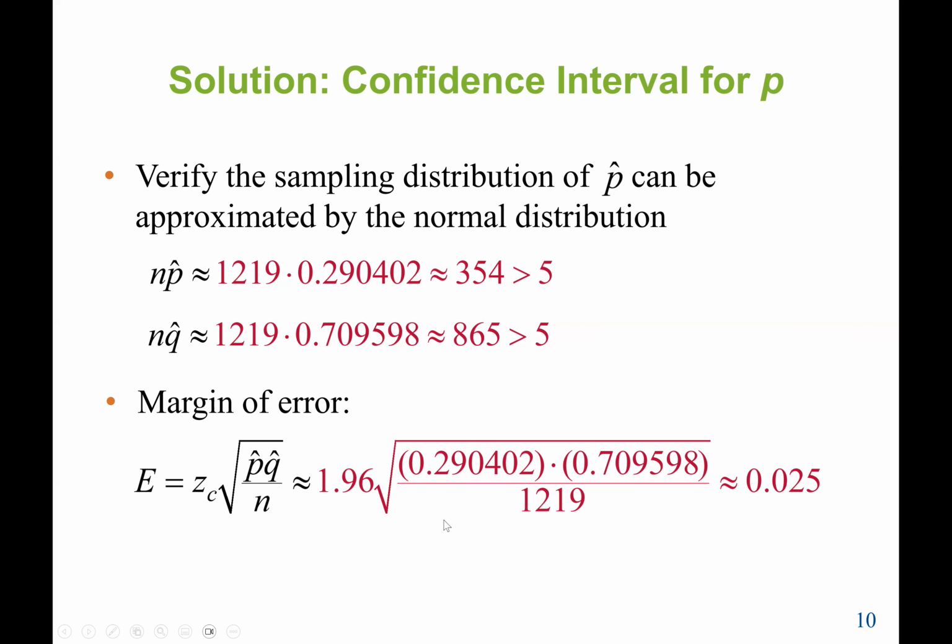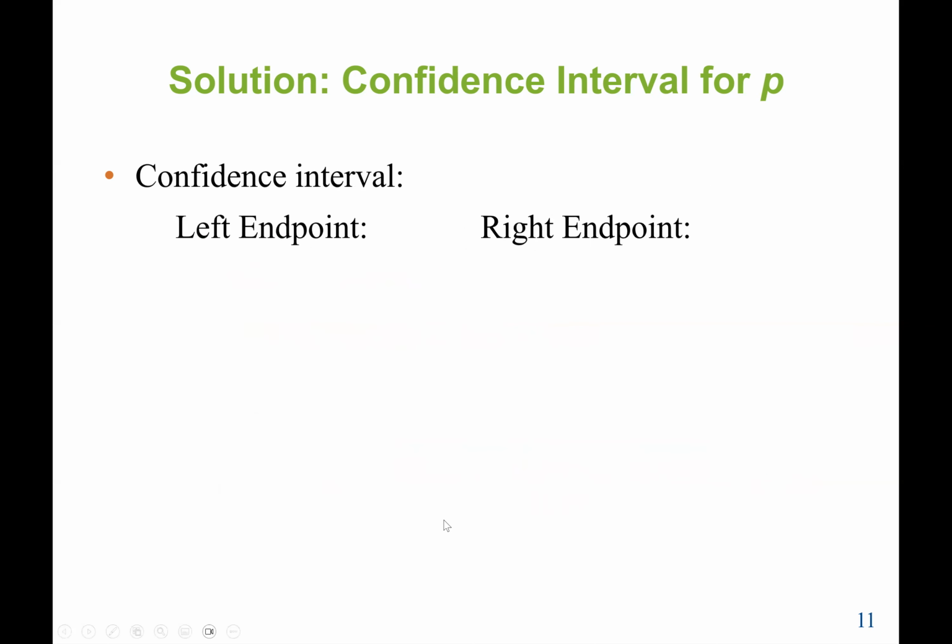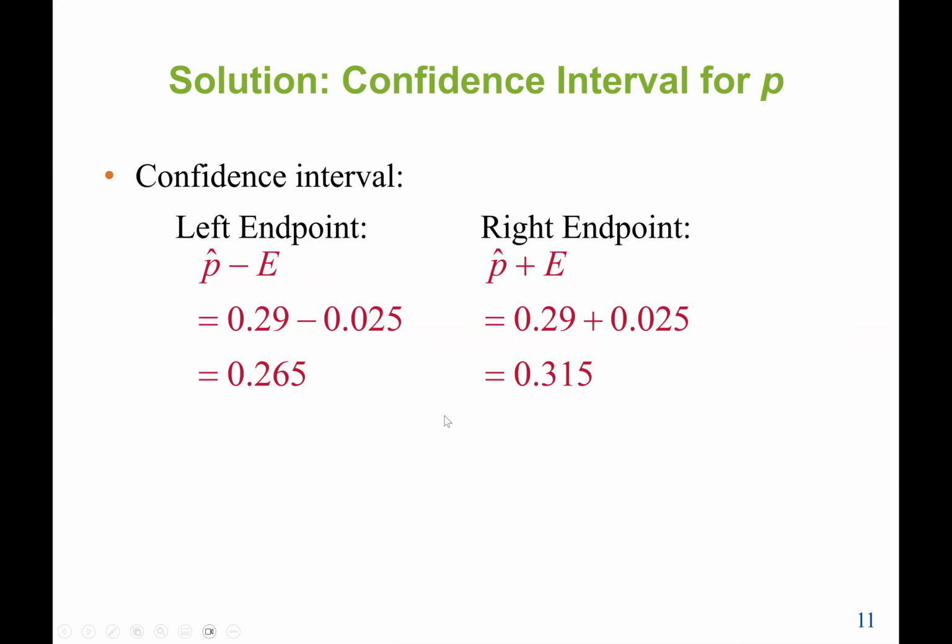Now the next step is to find the confidence interval. We already know the p hat and we know the E. So the lower value will be p hat minus E, which is 0.29 minus 0.025, giving 0.265.